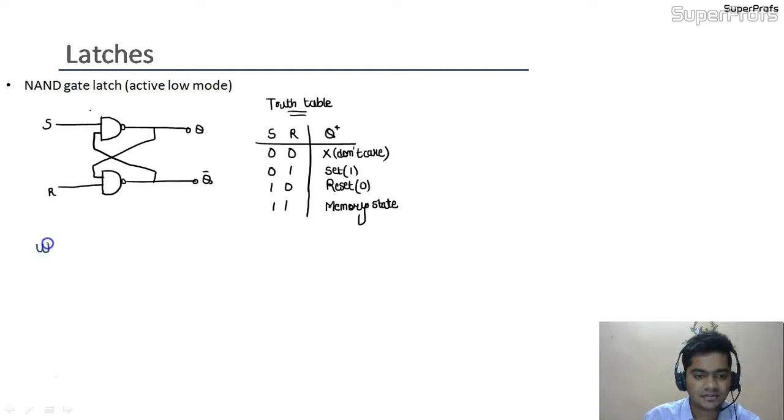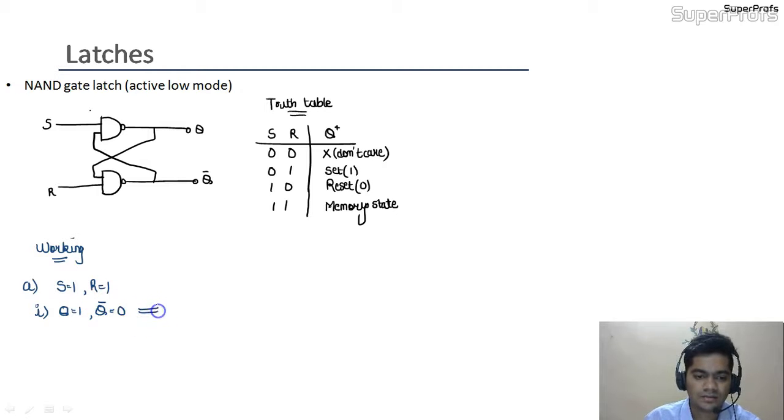To understand the working of this NAND gate latch, we have to take assumptions. The first case is the first input condition, suppose S equals 1 and R equals 1. To understand what would be the output, initially we have to take a past output. Suppose we are taking Q as 1, so Q bar would be 0.